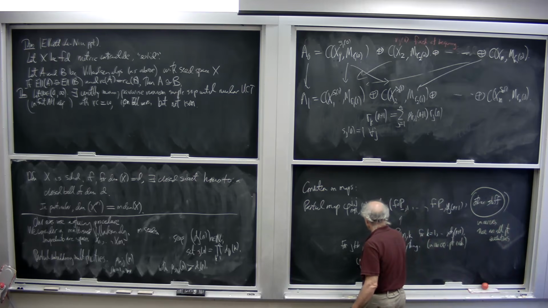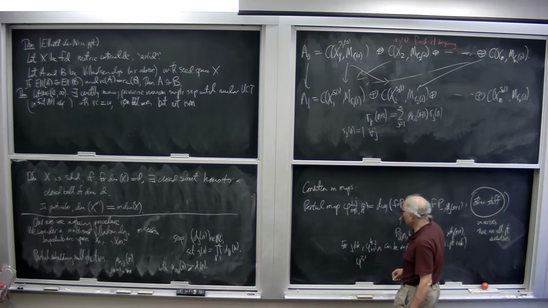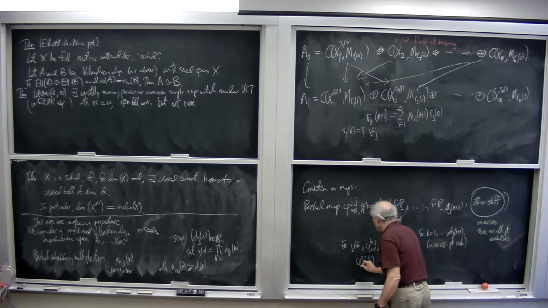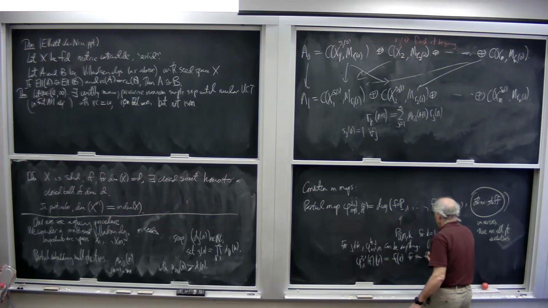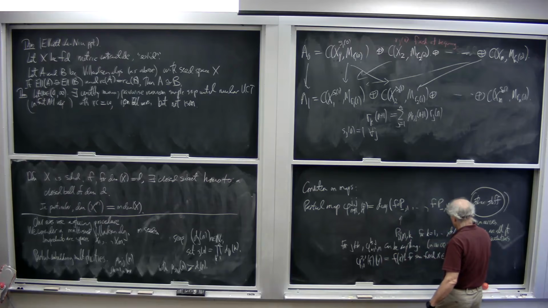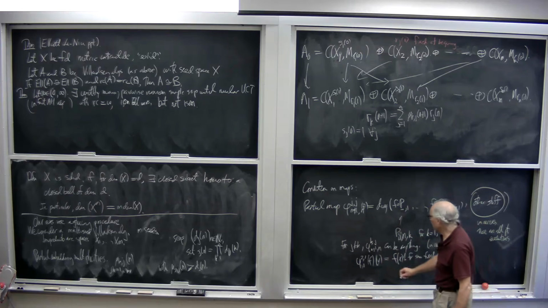Oh, so for example, I could take phi 2 comma 1 of f, of y, which is just f of, say, x for some fixed x in x1 times identity, and this is now a function on x2 to the s of s2 of 1, right? Yeah, so you always put point evaluations going across.